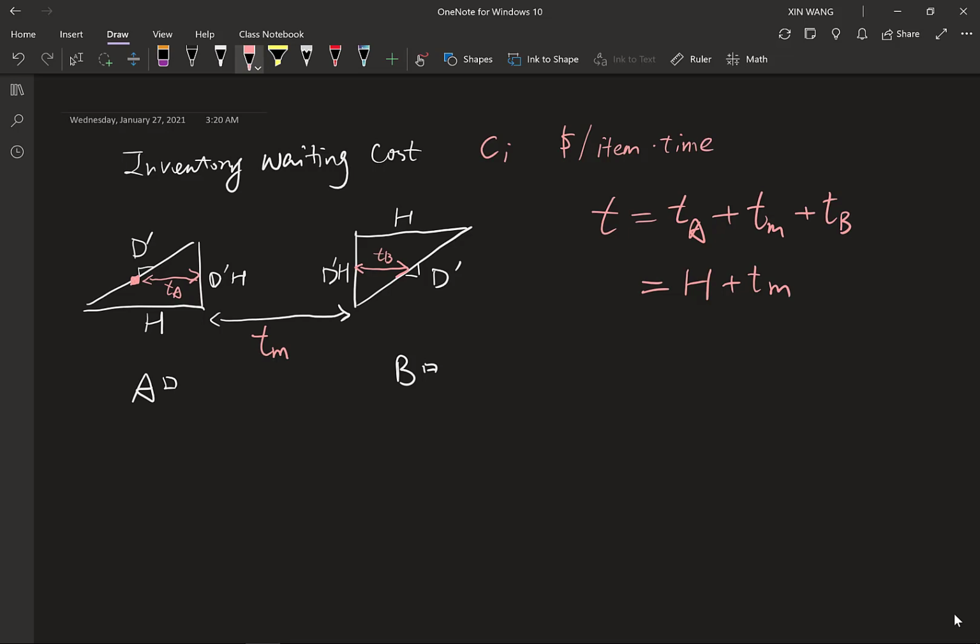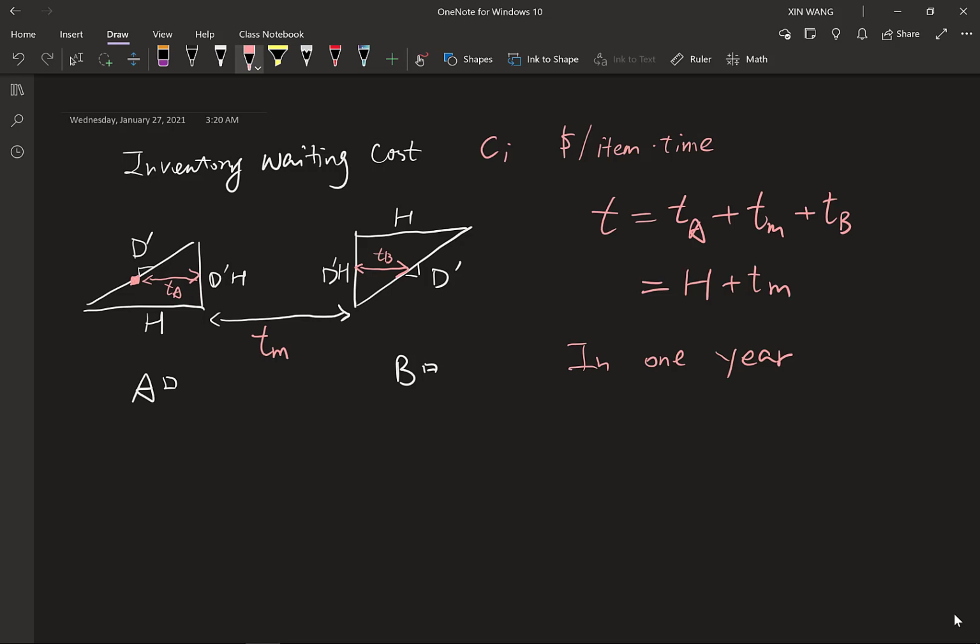Okay, so you can see there are this many items stored in each dispatch. Let's calculate the total inventory waiting cost in one year.